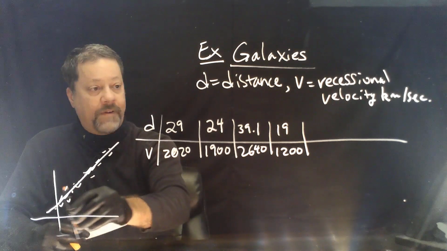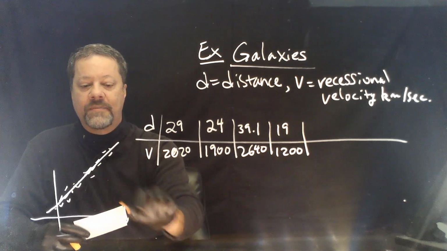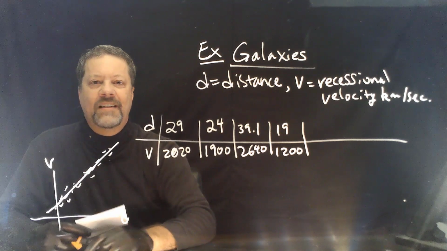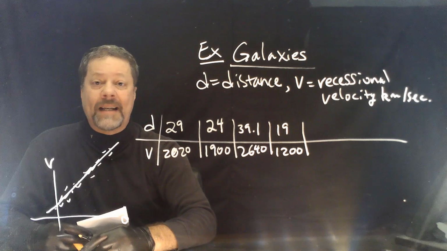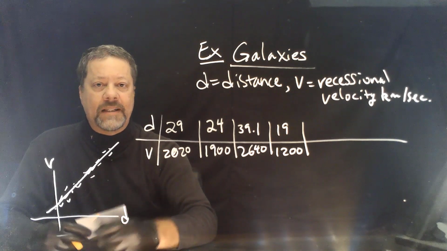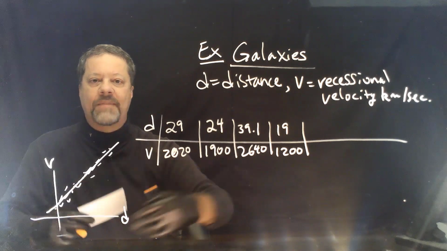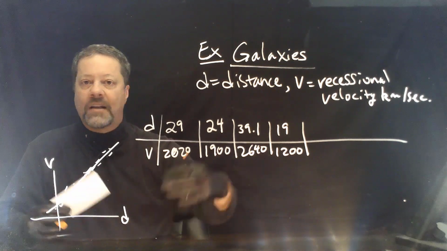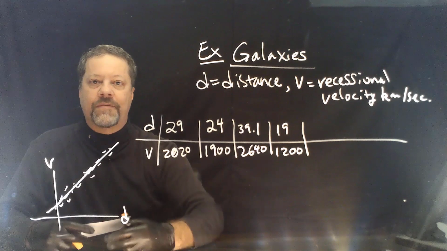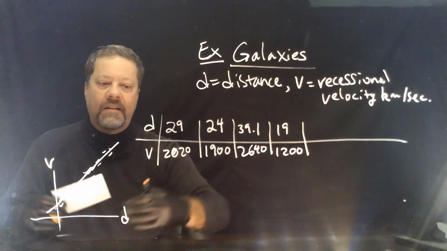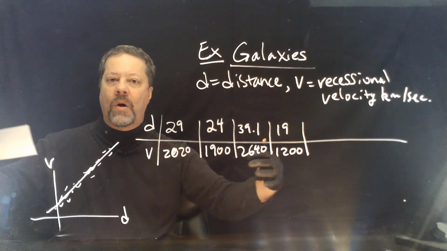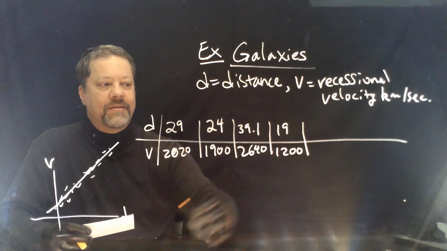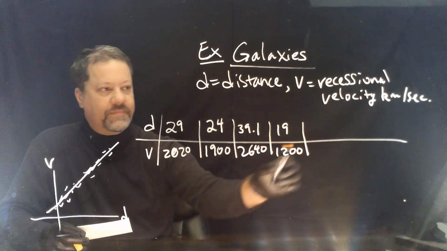That the farther the galaxy was, the faster it seemed to be moving away from the Earth. This movement was actually explained by Einstein later with his general theory of relativity, the idea that space-time is stretching. It's not that the galaxies are necessarily moving faster and faster away from us the farther away they are. It's just that the universe is stretching more and more, and that causes them to appear to be moving faster away from us the farther away they are.